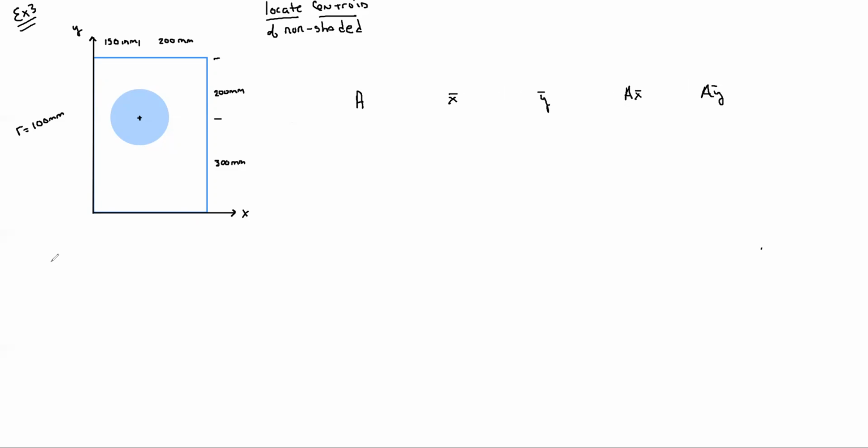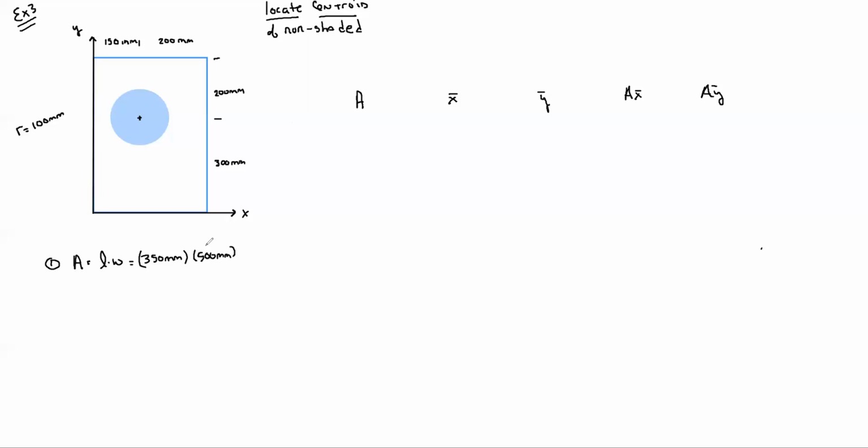I'm going to call shape 1 the rectangle. The area of a rectangle, looking at the table, is length times width, or base times height. Our rectangle is 150 plus 200, so that's 350 millimeters, and then 300 plus 200 is 500 millimeters.